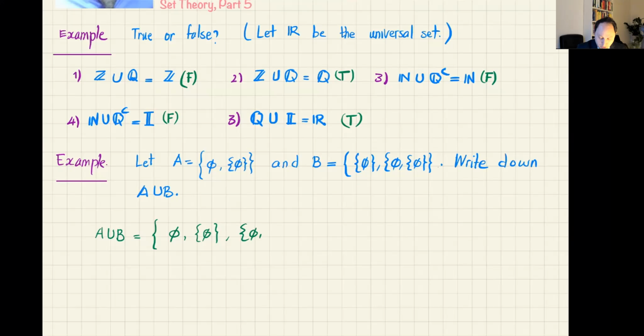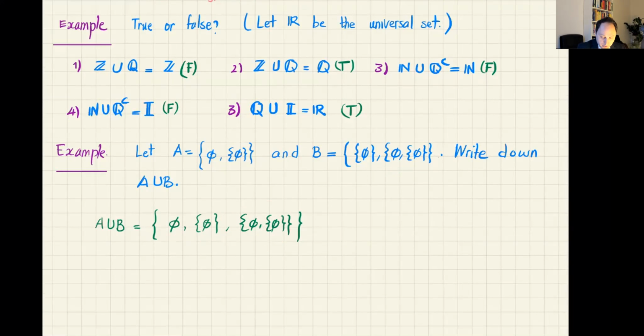Can I add this one? Yes, because this is a new thing. Even though it is made up from these 2, it is not this one, nor this one. So I have to add it, and then I close this. That would be the answer to the union of A and B for this example.